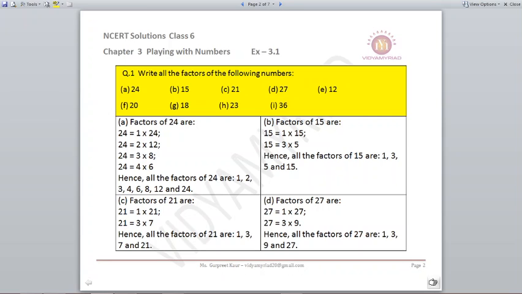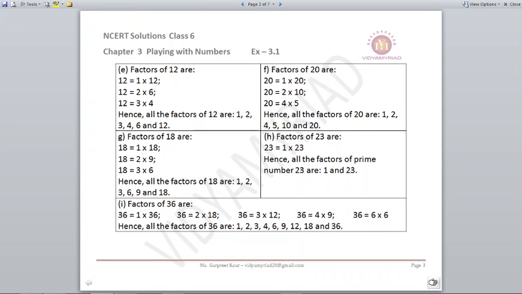Next 27. So 27 is equal to 1 into 27 and 3 9s are 27. So the factors are 1, 3, 9 and 27. Next factors of 12. 1 into 12 it will come. Then 2 6s are 12. 3 4s are also 12. After that will 12 come?